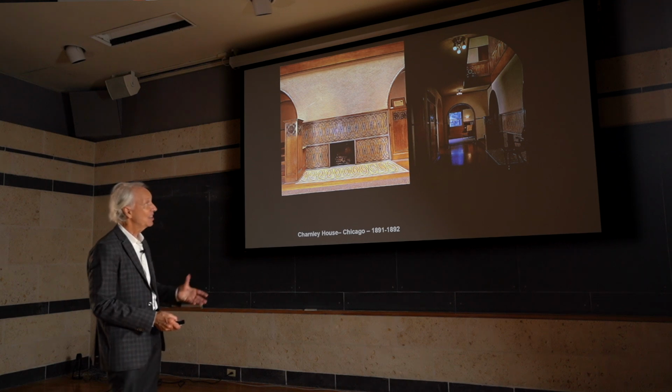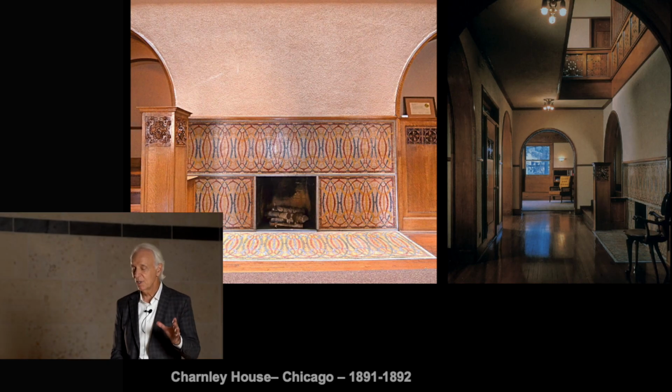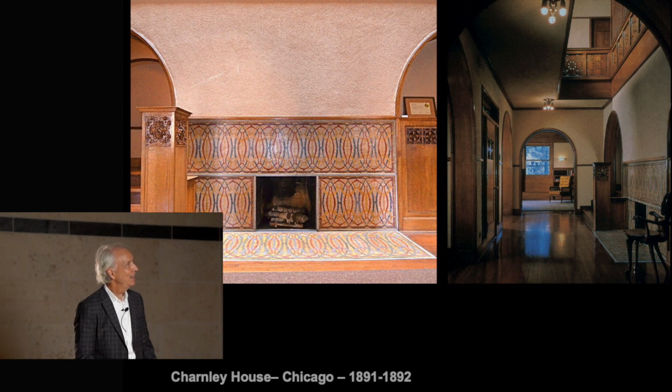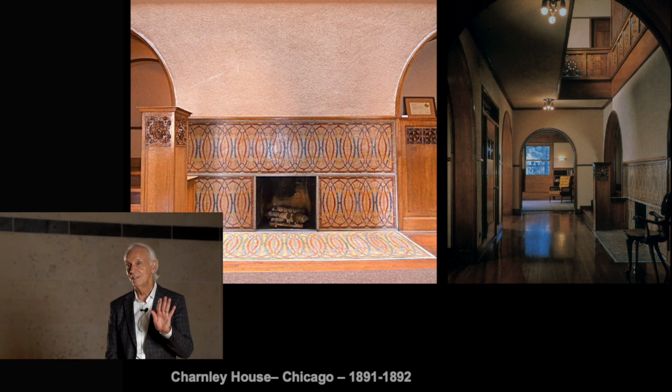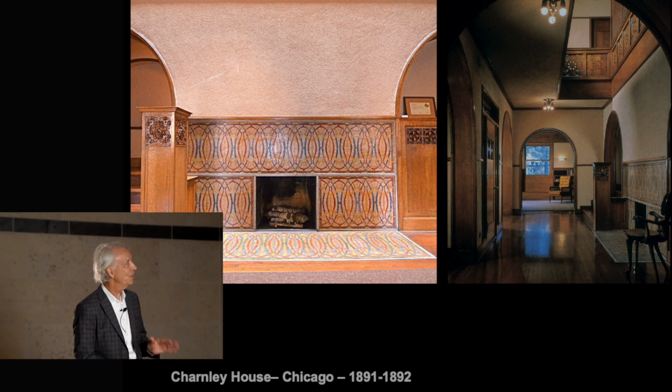When you go to the inside, and this is where, damn, I love the interior of this house. It's got ornament and character, but it's so pared down and so elegant. There certainly is pattern in that mosaic tile fireplace there.